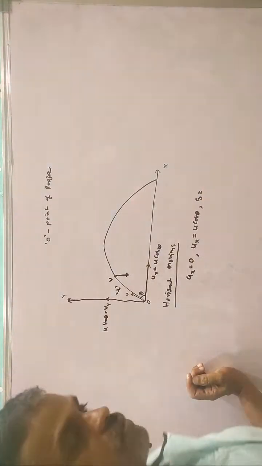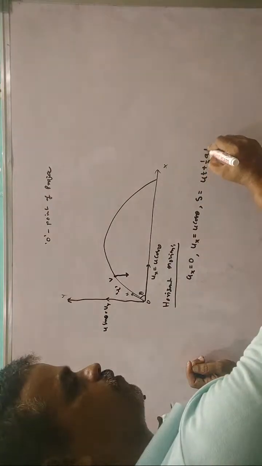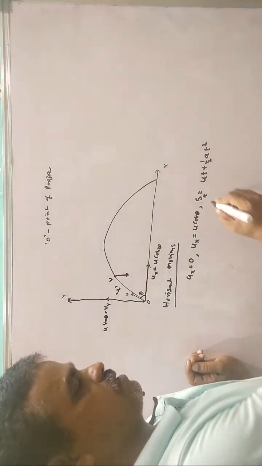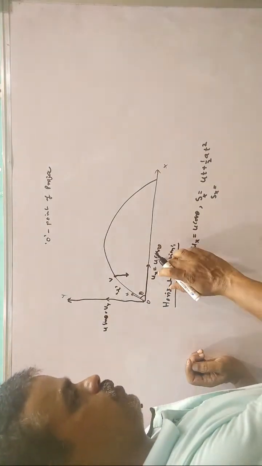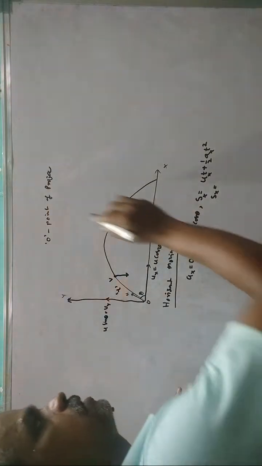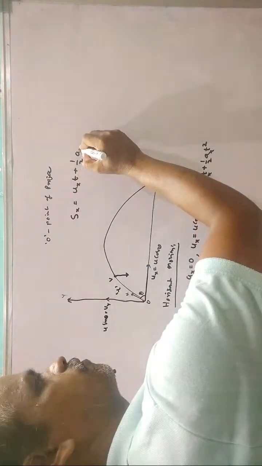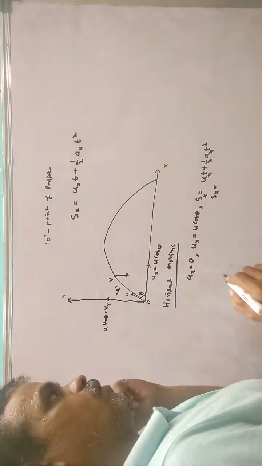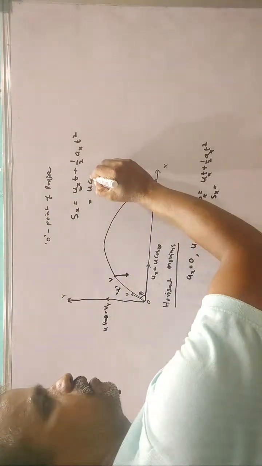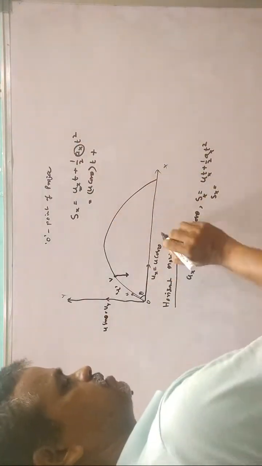along x-axis is equal to ut plus half at square. So displacement along x-axis, sx, equals ux t plus half ax t square, as I already discussed. Here ux is u cos theta, into t, plus the acceleration along x-axis, which is 0.